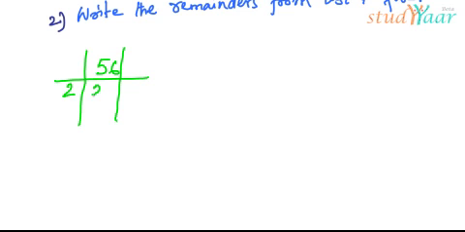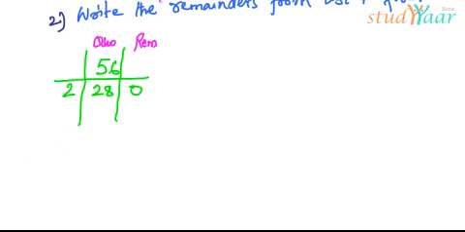What do I get? I get 28 over here and I get 0 over here. Here this column is the remainder column and this column is the quotient column.